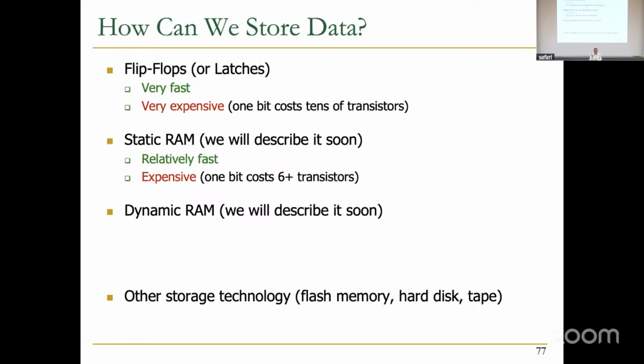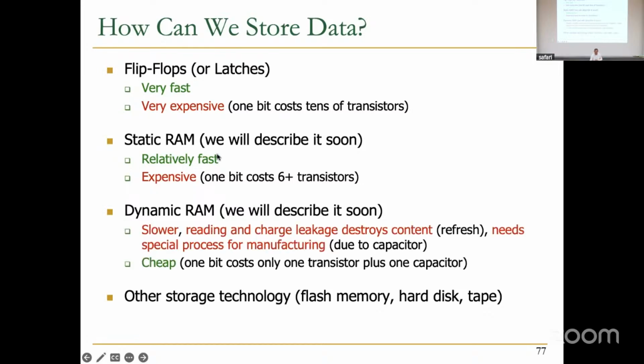We looked at it very briefly. These are relatively fast, slower than flip-flops, but expensive. One bit costs 6+ transistors, as we will see, but that's better than tens of transistors. So you can see now already the trade-off. Here, these are large but fast. These are small, like the cells are small, but slower.